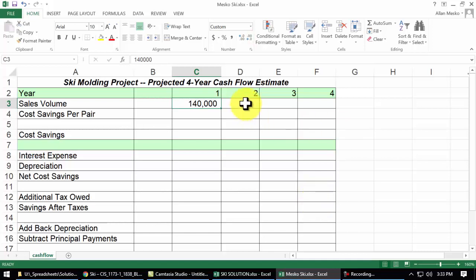That is just pairs of skis. And we want to increase it by 5% every year. Many ways we can do this, but possibly the easiest way is to take that figure and multiply it times 105%, which would be 1.05. The 1 gives me the 140,000, the 5% gives me 5% of it, and together it gives me 105% of it.